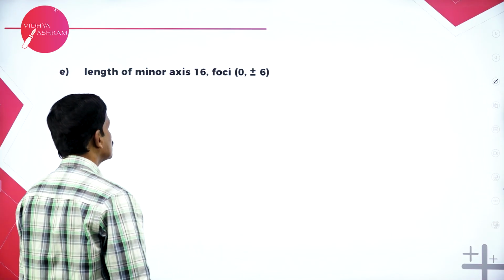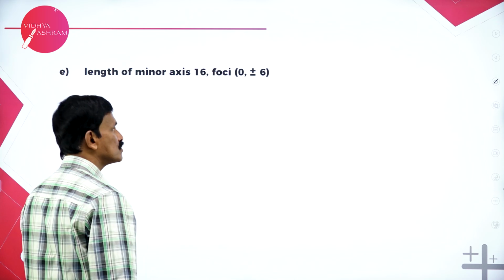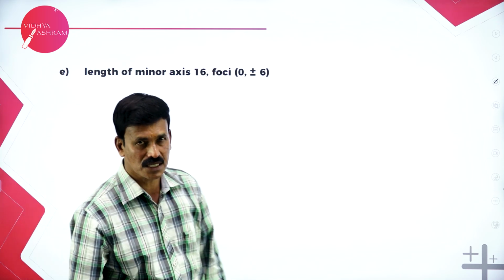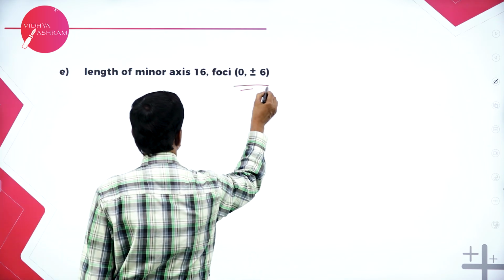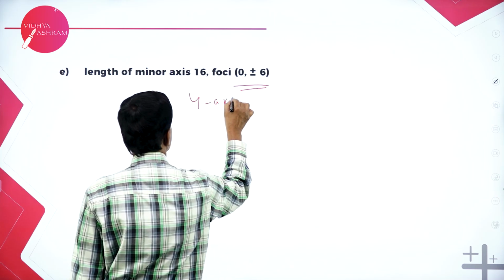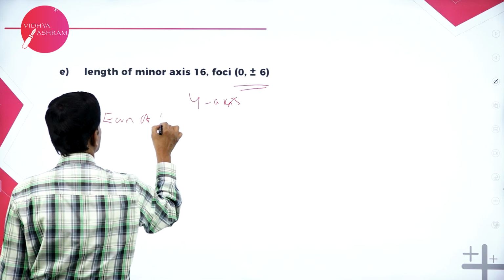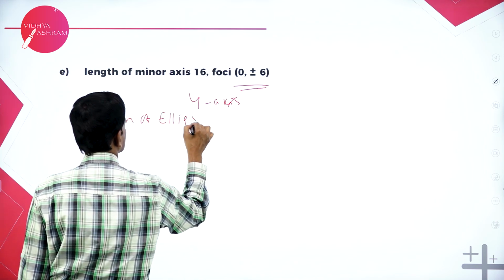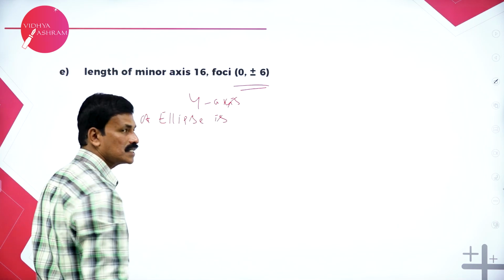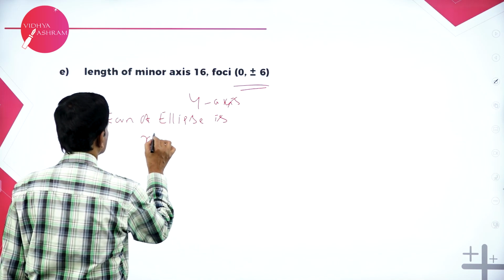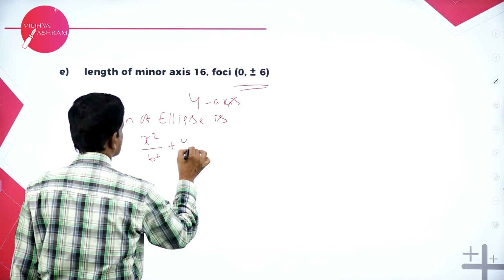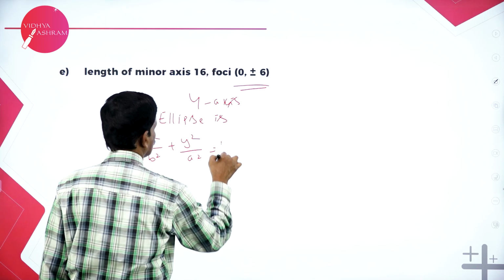Length of minor axis is 16 and foci is equal to 0 comma plus or minus 6. So the foci is on y axis. Therefore equation of the ellipse is x square by b square plus y square by a square is equal to 1.